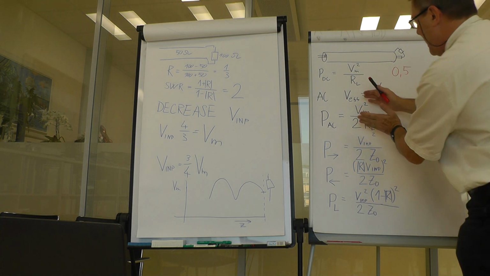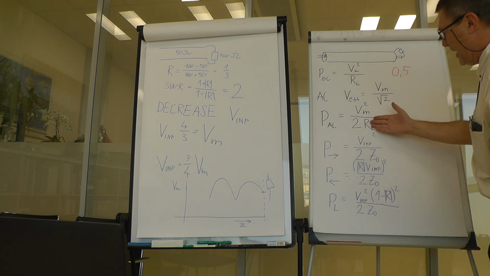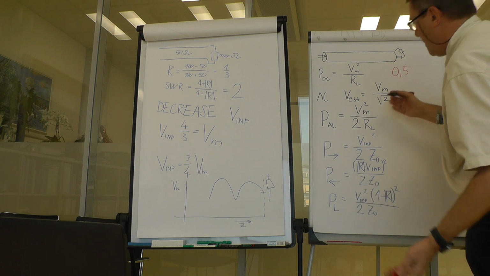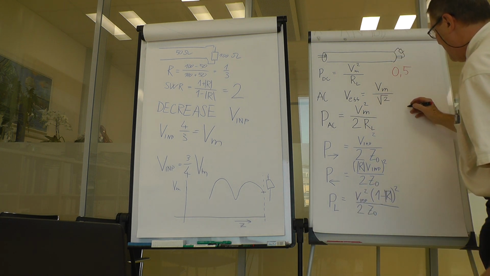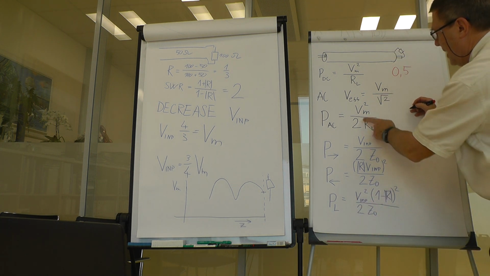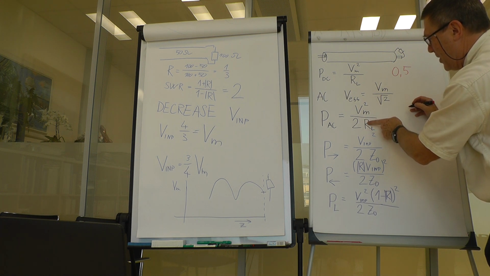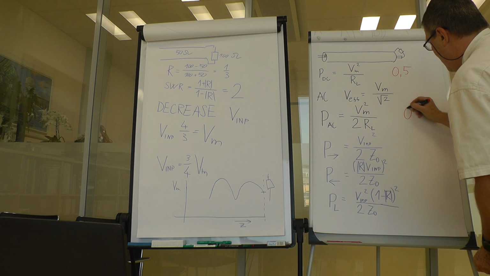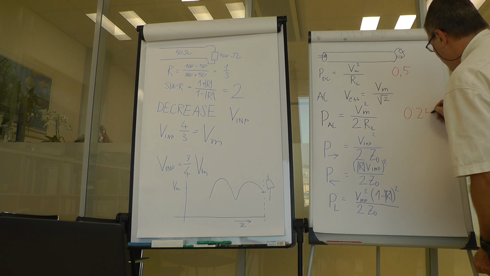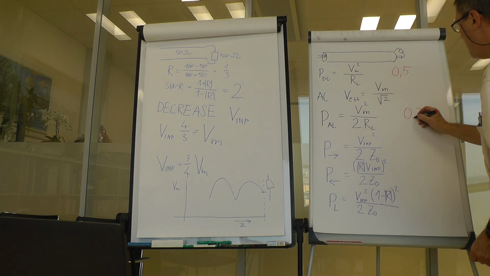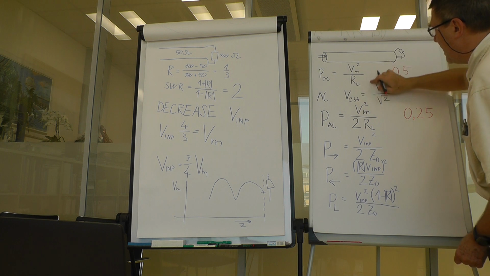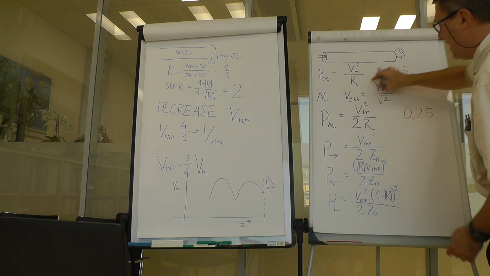Now in the AC case, if we double the resistor, it would be again 1/2 of the original power. So if we compare it to the DC case, it's 0.25 of the power delivered to a 50 ohm load in the DC case.